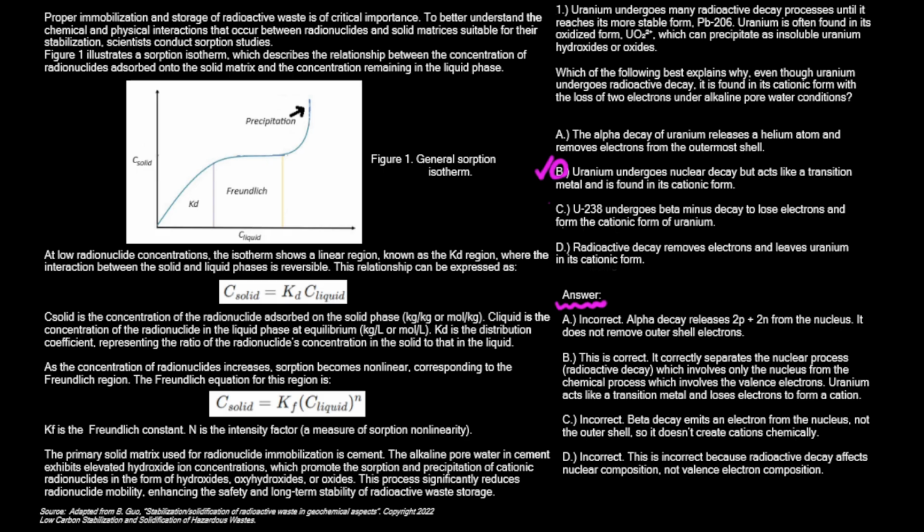The key takeaway here is that you already have the background knowledge needed to answer questions like this correctly. What the MCAT truly tests is your ability to think critically, analyze new scenarios, and apply what you know to unfamiliar situations. So always remind yourself you already possess the knowledge you need to succeed. With that mindset, let's move on to question number 2.